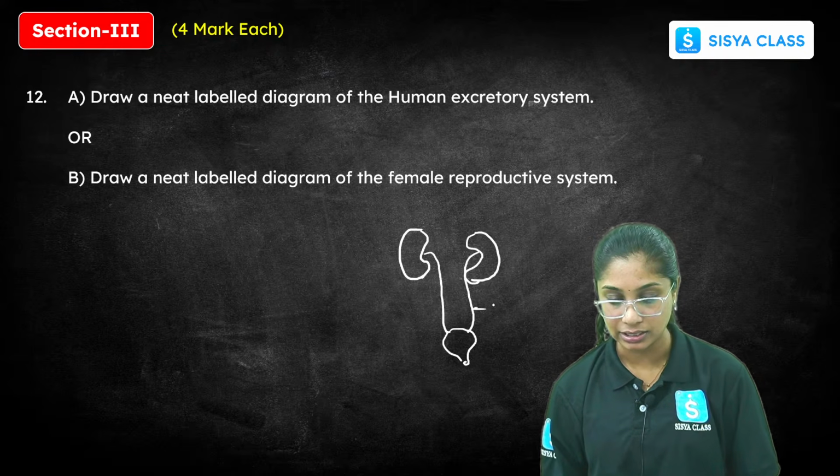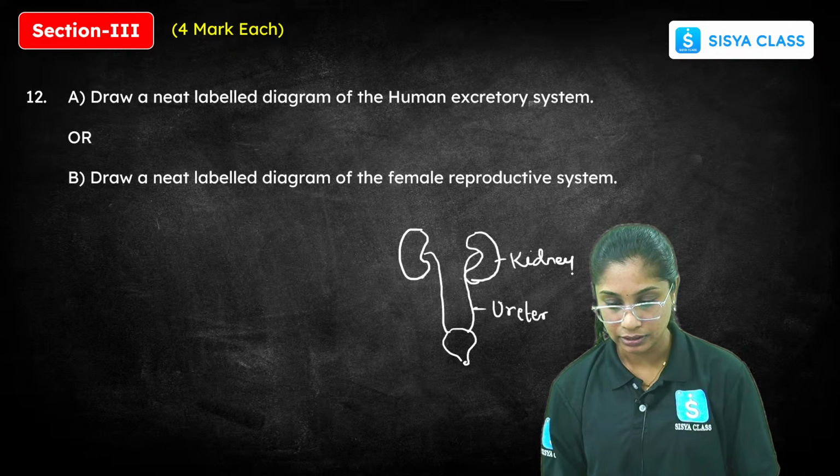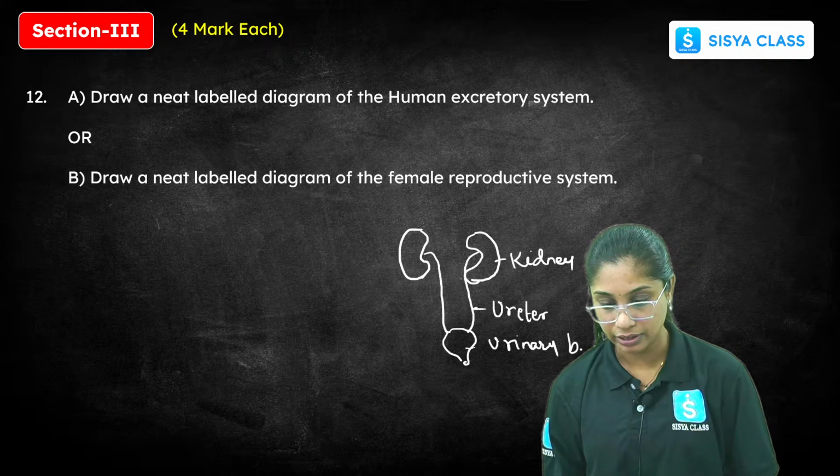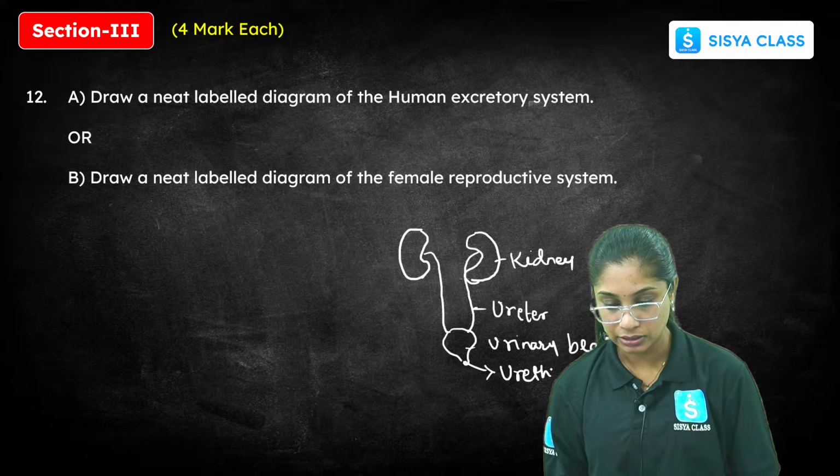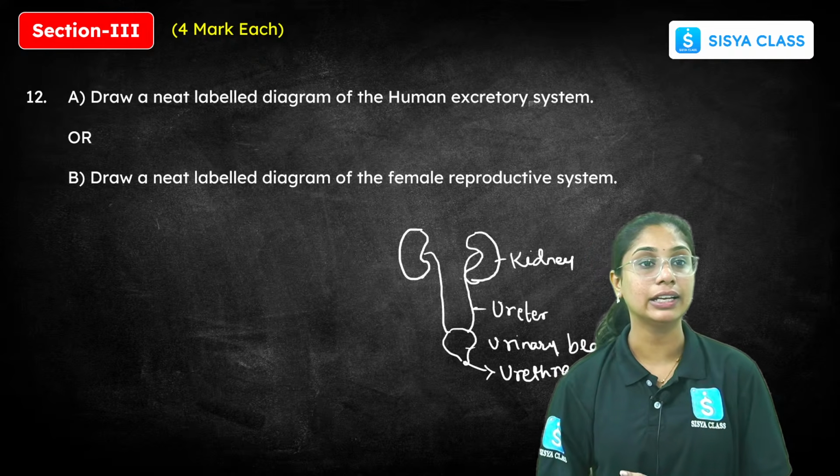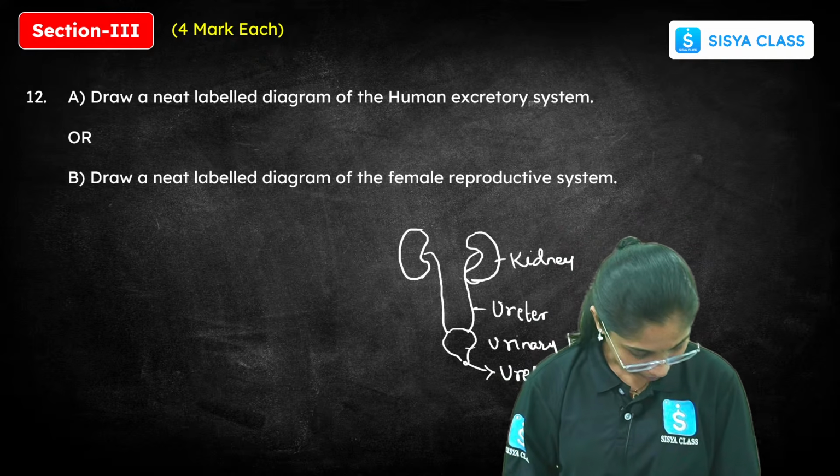Here we have this as the ureter. This is the kidney, and the urinary bladder, where urine is stored. Then here we have the urethra.